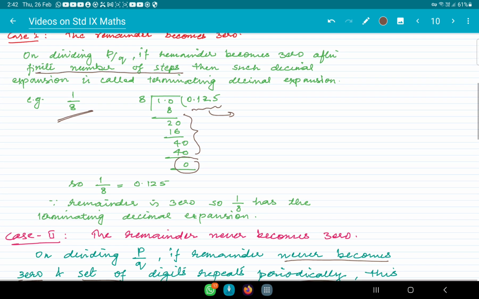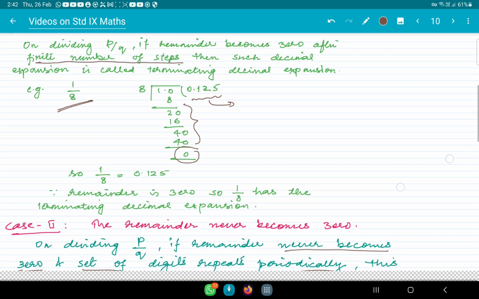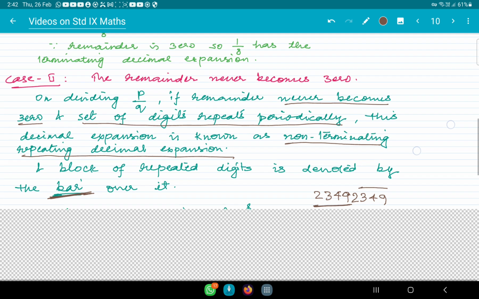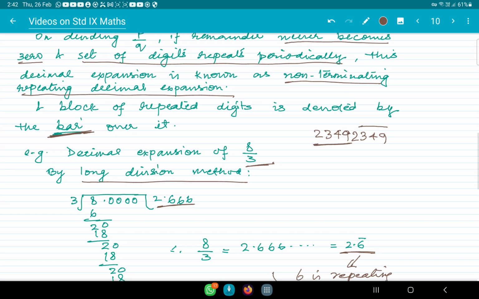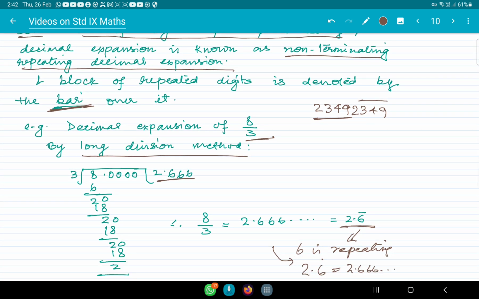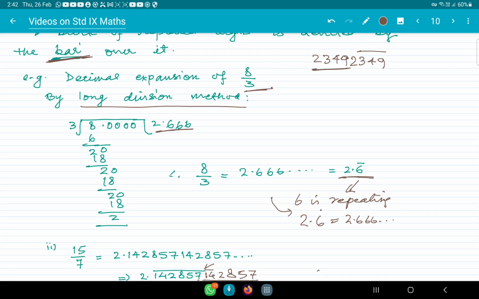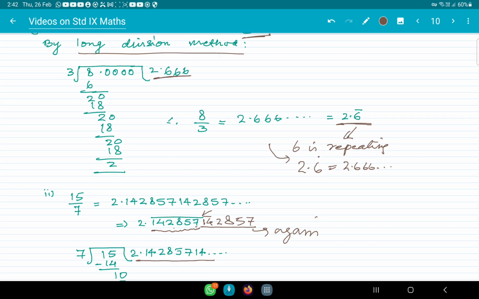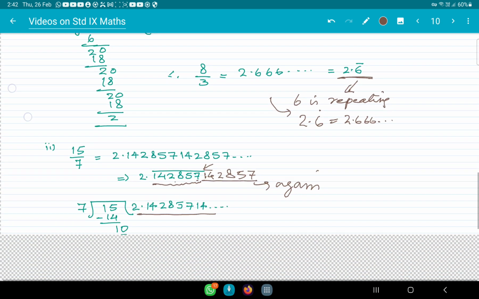If the remainder becomes 0, then we say it is a terminating decimal expansion. And if the remainder never becomes 0, then some digits are repeating, so we make a bar or a dot over them, so that the checker will easily know that these digits are repeating.